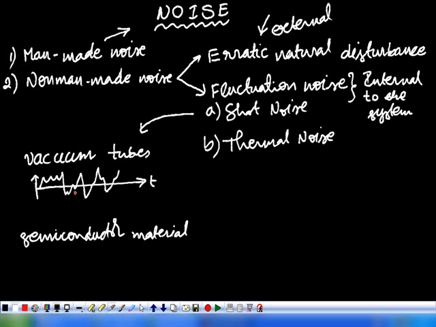That current waveform looks like this, varying in a random fashion. That current is called the shot noise current that occurs in vacuum tubes. Similarly, in semiconductors also, due to the diffusion of the charged particles, this shot noise takes place.